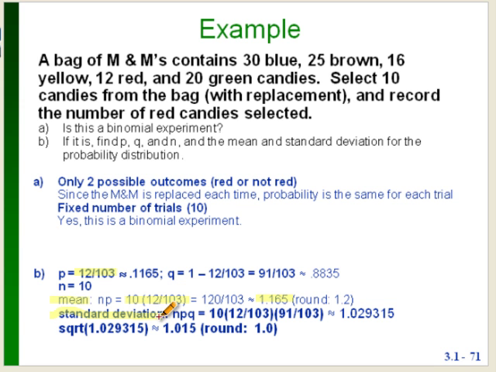For our standard deviation, we take the square root of n times p times q. So we multiply those three together. This is approximately 1.029315. Now I notice I didn't round it yet because we still have to take the square root. So if we take the square root of that, we get 1.015. Now we can round to 1 decimal place.